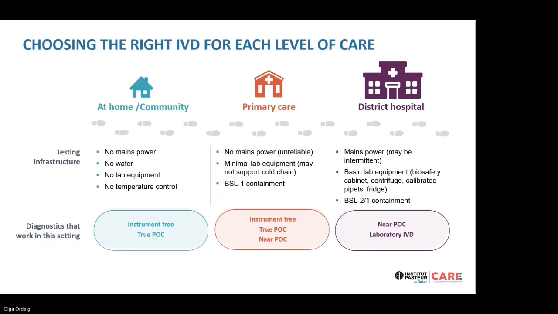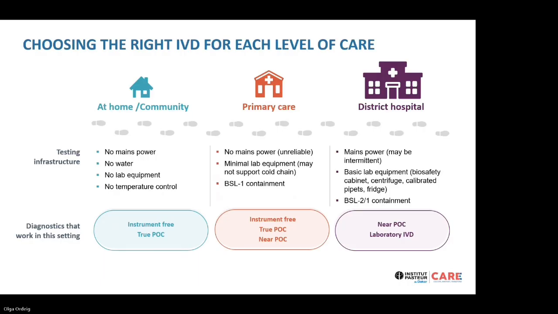For primary care, maybe the power is still not reliable. So it's good if we have systems that are battery operated, but we can already increase the complexity a bit. We might have some laboratory instruments or supplies, and people who are a bit more trained. So we can enter the near point of care also in these settings.